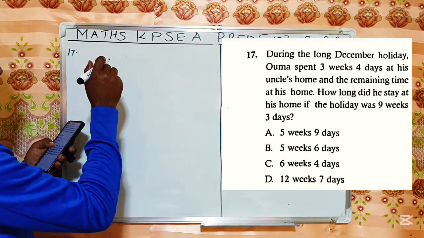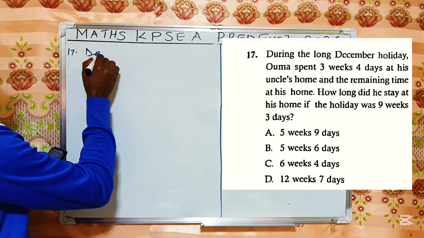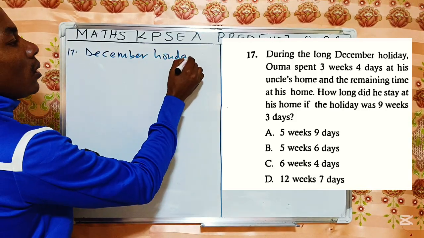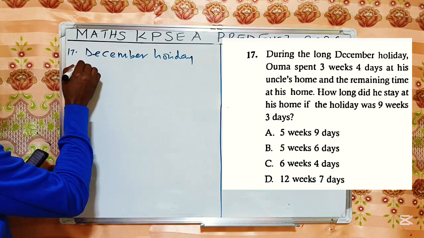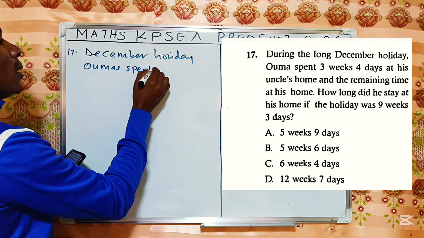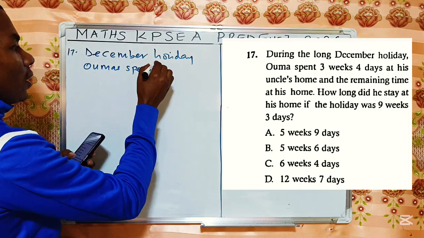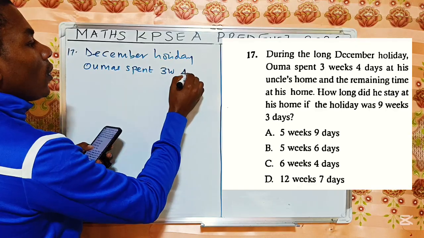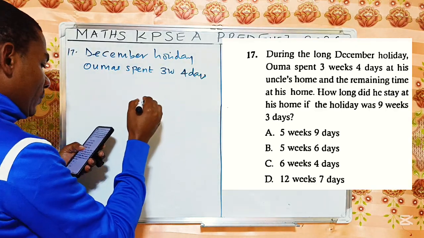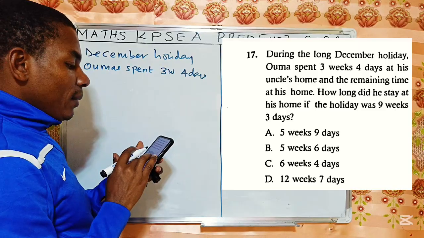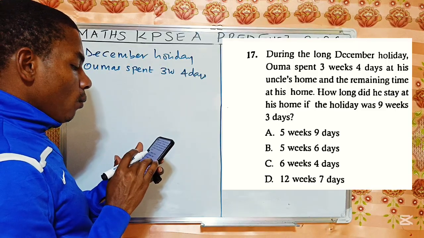So we have December holiday. Then Ouma spent 3 weeks and 4 days at his uncle's home and the remaining time at his home.